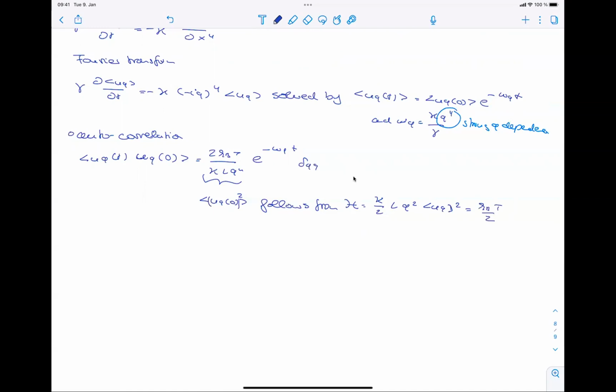And if we rearrange for the u squared, we get this prefactor. And rearranging by noticing the definition of the bending energy, we get a shorter version with L_p L q to the 4. Sorry, that was a 4 too. e to the minus omega q t, delta q q prime.